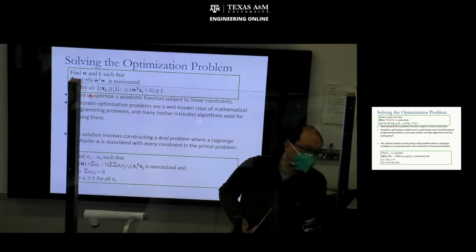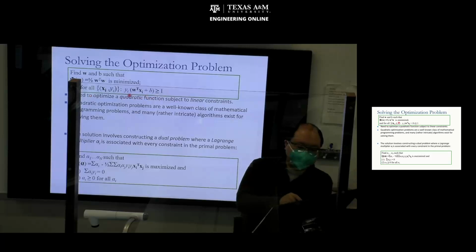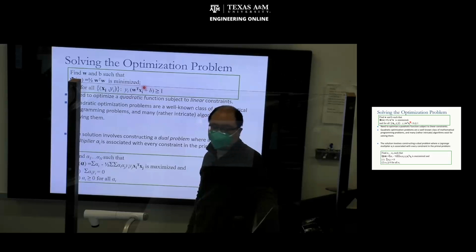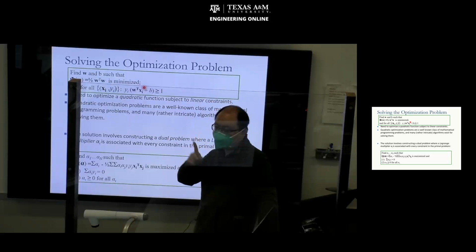Mathematically, what condition does the corresponding constraint have to satisfy for alpha to be 0 or non-zero, based on what you learned from weak duality? Exactly.